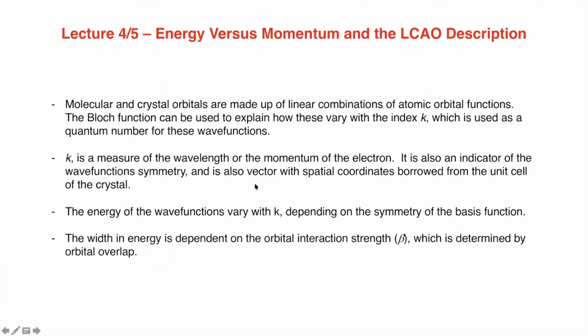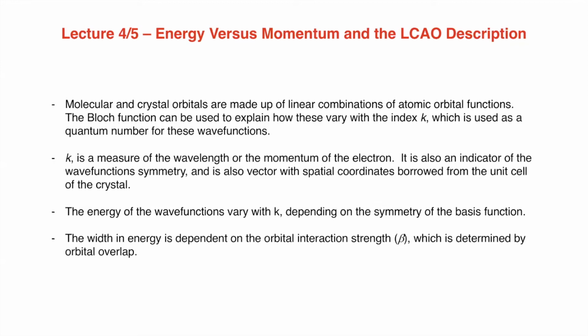So just a few conclusions from this section. Crystal orbitals are made up of linear combinations of atomic orbitals, and the Bloch function makes it easy to describe how they vary using this index k. And so they treat the k value as kind of a quantum number for the wave function.